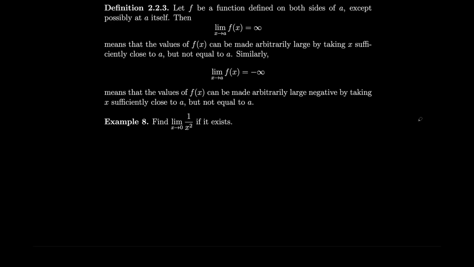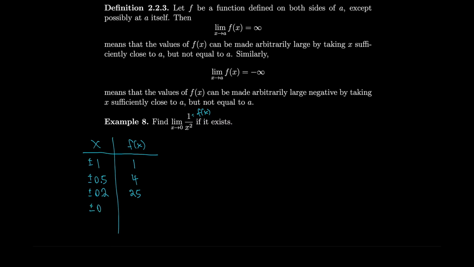So again, we'll make a table. We're letting this guy equal f of x. Let's look at plus or minus 1. So that's 1. Plus or minus 0.5, that's 4. At plus or minus 0.2, that's 25.